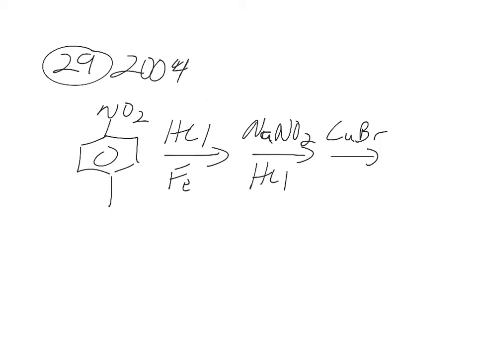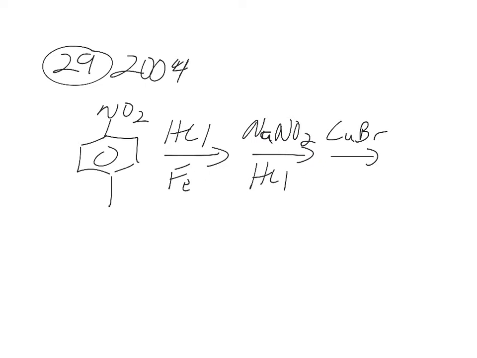Okay, 29, 2004. This has to do with substituting benzene rings. This is diazonium salt type stuff. So what happens here essentially is, when there's HCl and iron catalyst around, the NO2 gets reduced to NH2.